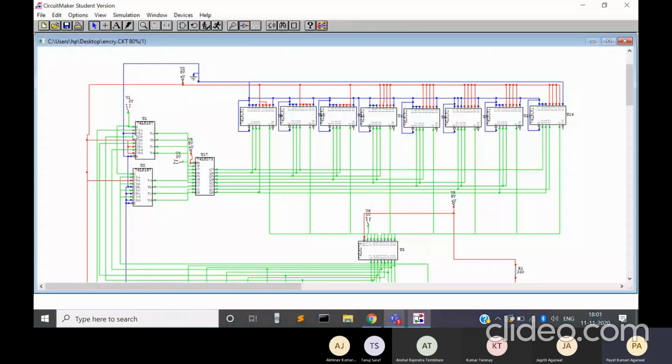Here, the red line represents high state and the blue line represents the low state. Now, the select line of the 2:1 mux is currently at 0 state. Now, I'm running the circuit. Here we can see that the key is being loaded at the input of this register. Now, giving a unit pulse to this register, the data is being loaded at this register.